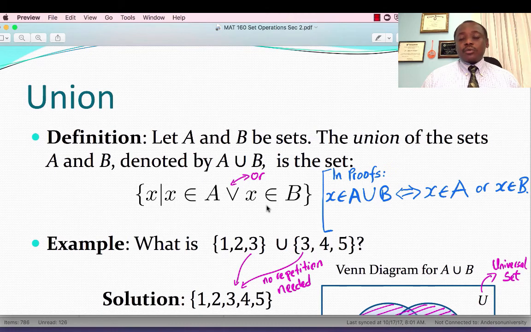Now, what is really important to us is how we use this in proofs. So in proofs, we would say let X be an element of A union B. What does that mean?